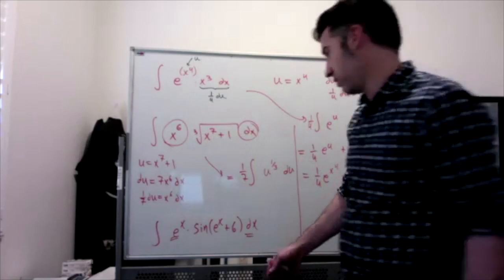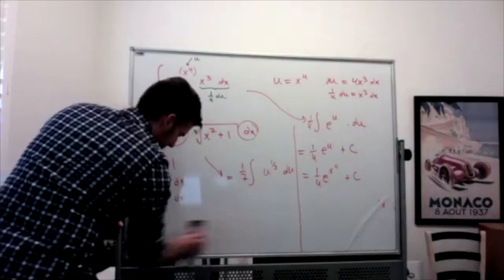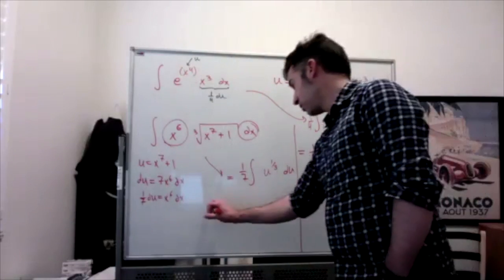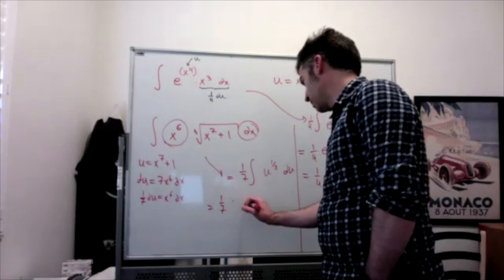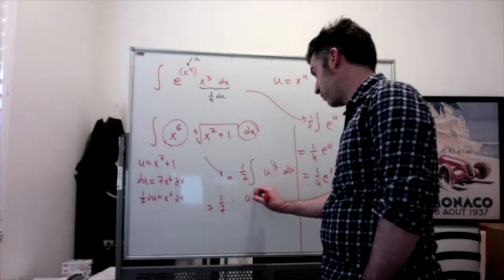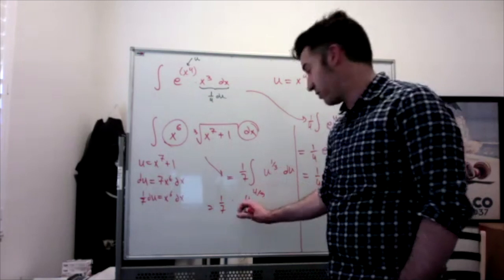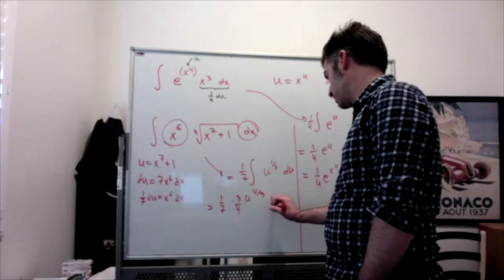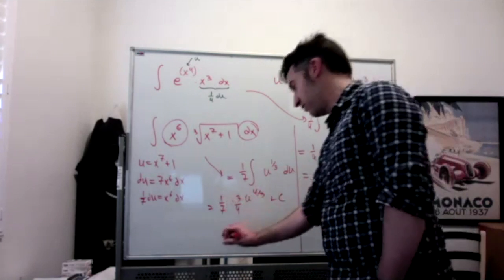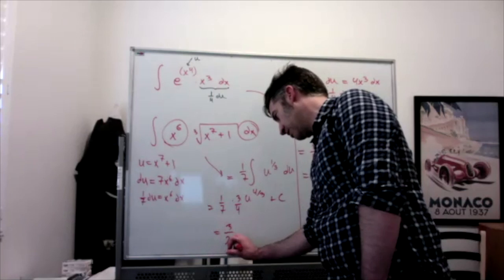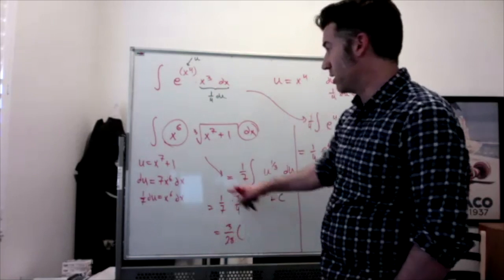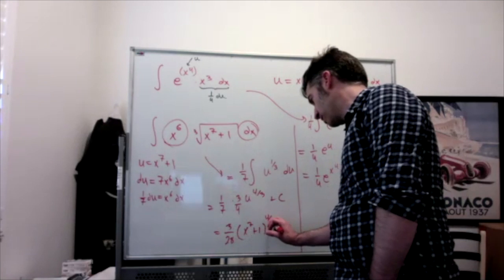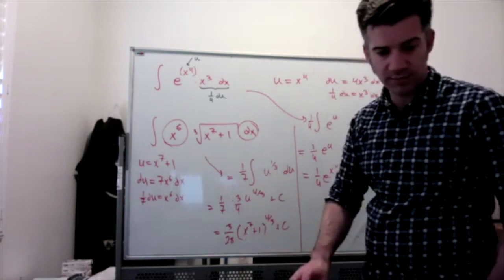And then we have to do the integral there. A lot of it ends up being using the anti-power rule. You're going to get 1/7 times u to the 1/3 plus 1 is 4/3. Dividing by 4/3 is the same as multiplying by 3/4, plus c. And then 1/7 times 3/4 is 3/28 times u, which was x to the 7 plus 1, to the 4/3 power plus c.